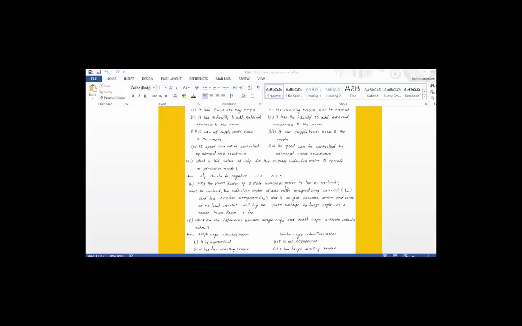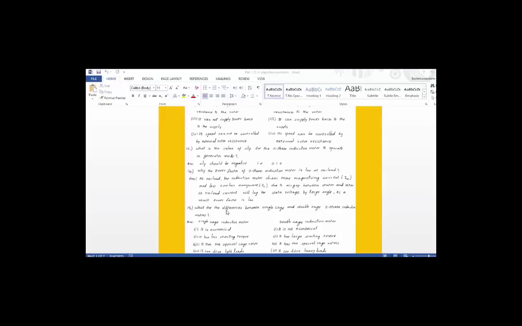Why is the power factor of three-phase induction motor low at no load? At no load, the induction motor draws more magnetizing current and less core loss current due to the air gap between stator and rotor. So the no load current will lag the stator voltage by a large angle. As a result, the power factor is low.